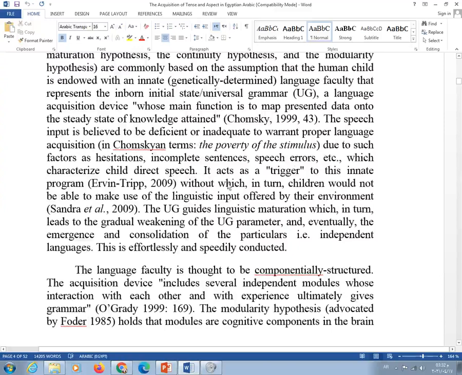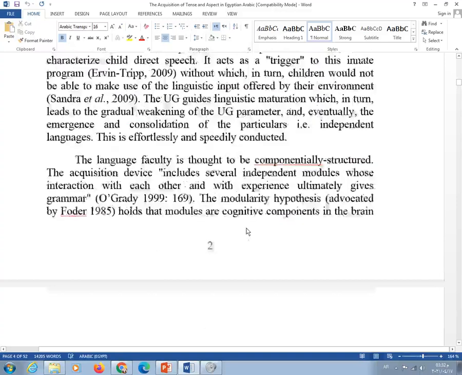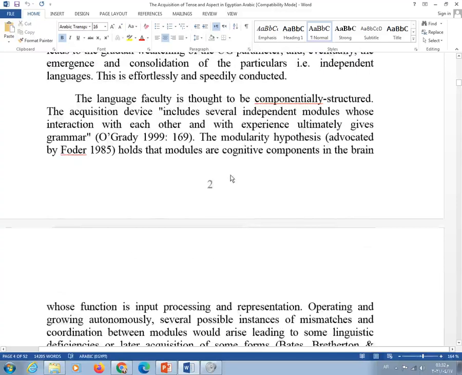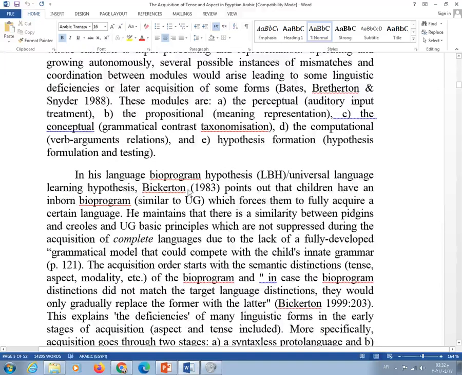And we have also Ervin-Tripp, and the innate program. Here we have Bickerton, who proposes something called the language bioprogram hypothesis, which says that children have an inborn bioprogram similar to UG.